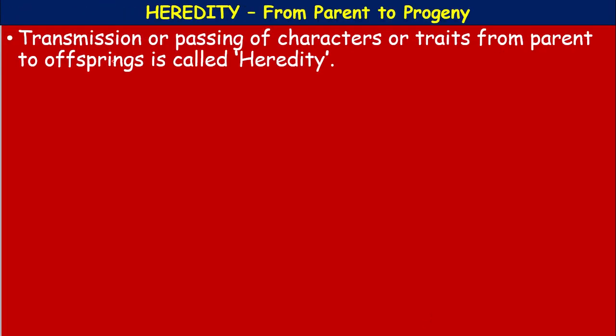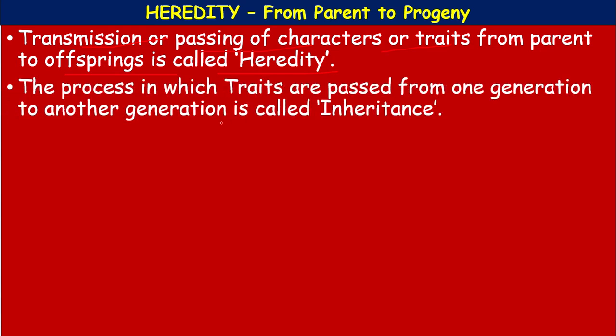The transmission or passing of characters or traits from the parent to offspring is called heredity. In the beginning itself we came across the definition of heredity. The process of transmission of characters or traits from parents to offspring is called heredity. The process in which the traits are passed from one generation to another generation is called inheritance. So, try to understand the difference between the terms heredity and inheritance.